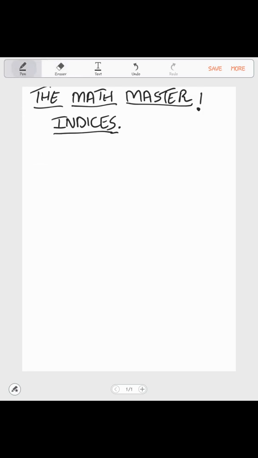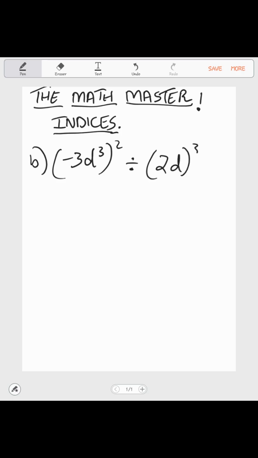So question number 2, or part B, was minus 3d cubed, whole squared, divided by 2d cubed, whole cubed. The first thing you should know about this is to put the powers on the brackets. Just follow the BODMAS rule: brackets open, division, multiplication, addition, subtraction.